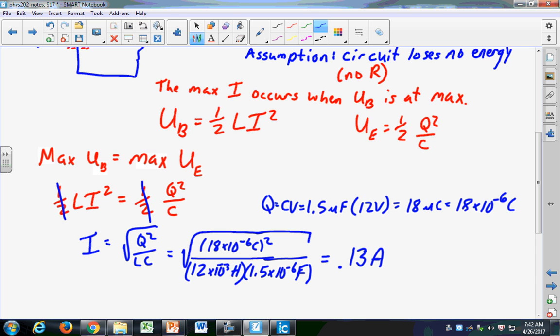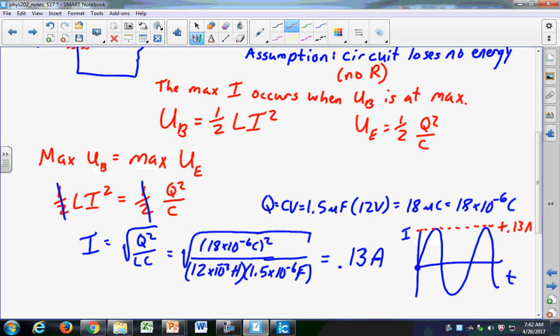So if I look at my current versus time, the current in the inductor, if I start with my capacitor fully charged, my current starts at 0. Your current is going to oscillate back and forth between plus 0.13 amps and minus 0.13 amps.